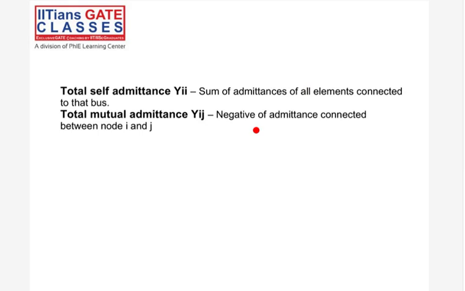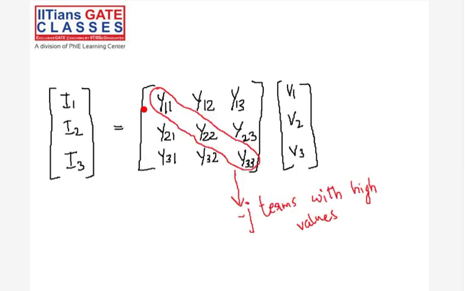Yeah. Right. So one thing that you have to see over here is, suppose Y11, what is Y11?